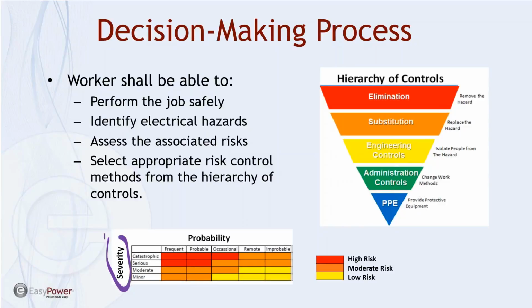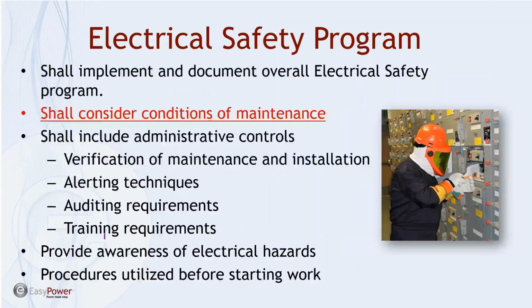Are you downstream from a fuse or a breaker? What's the condition of maintenance, and what's the available fault current? Once you determine the hazard level or the severity, then determine the probability, and that gets into how new it is, how long it has been since it was maintained, and all of that other stuff. We're going to talk more about that in a moment.